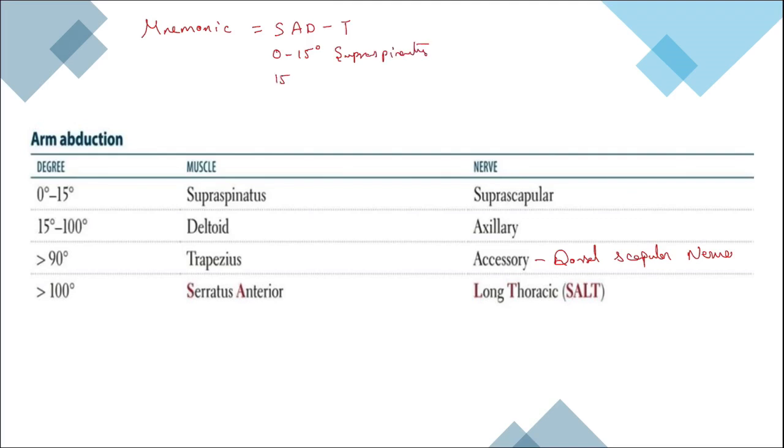If 15 to 90 degrees, that is the deltoid muscle. If greater than 90 degrees, that is the trapezius and serratus anterior. It will help rotate the scapula also.